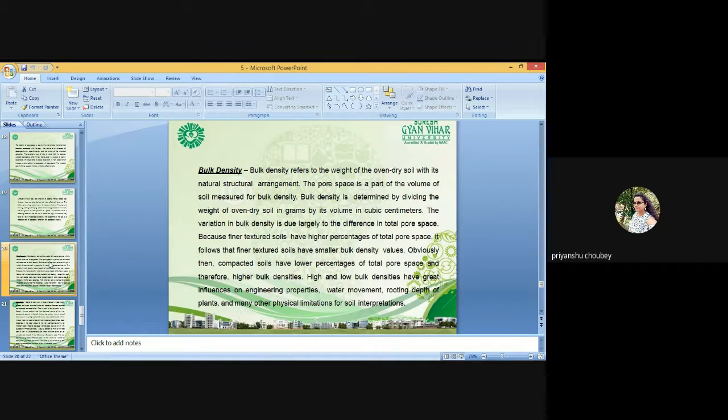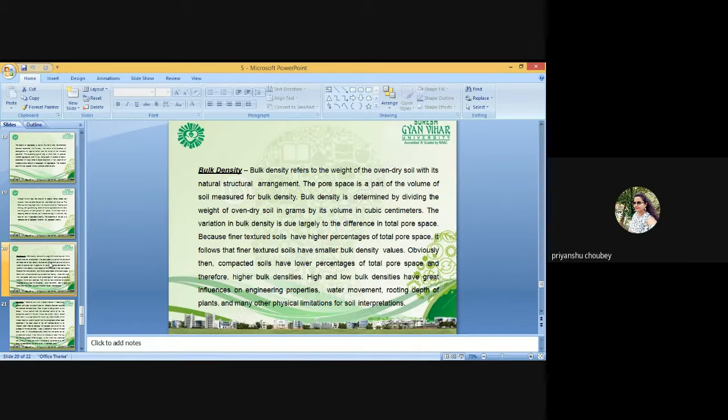Porosity is related to bulk density and particle density of the soil as F equals (1 minus bulk density upon particle density) into 100. Two types of pores, macro and micro, occur in soil without any clear demarcations.